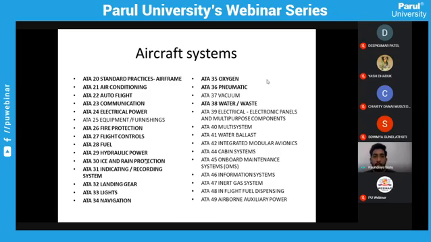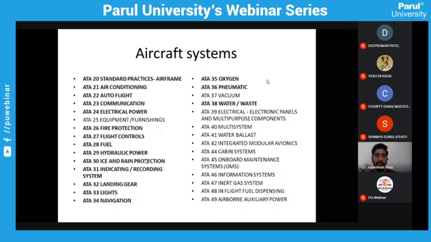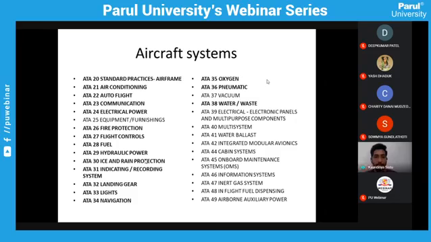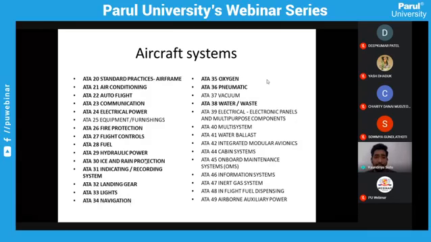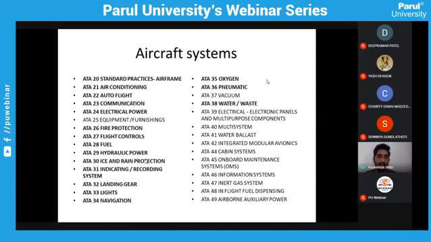So there are systems to deal with that ice, using rain repellents, and there are sensors which record how much ice is forming and how much liquid should be sprayed on it. Those come under ice and rain protection. And ATA 31 is indicating and recording, which is like your black box. We discussed that, right? Recording comes under that.